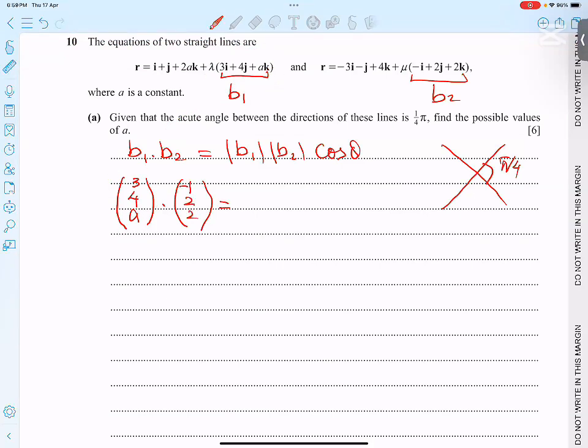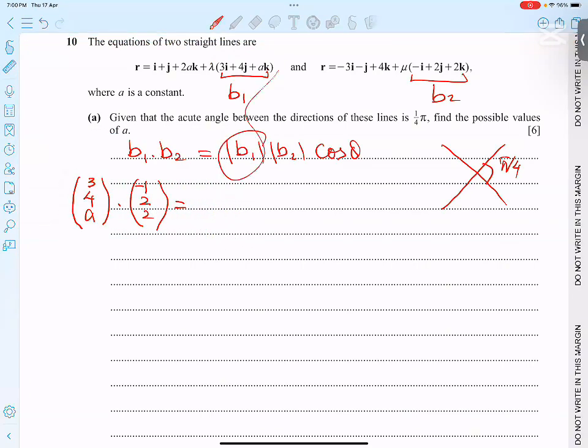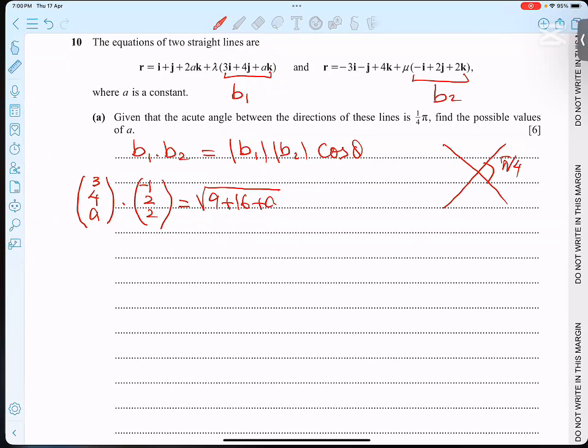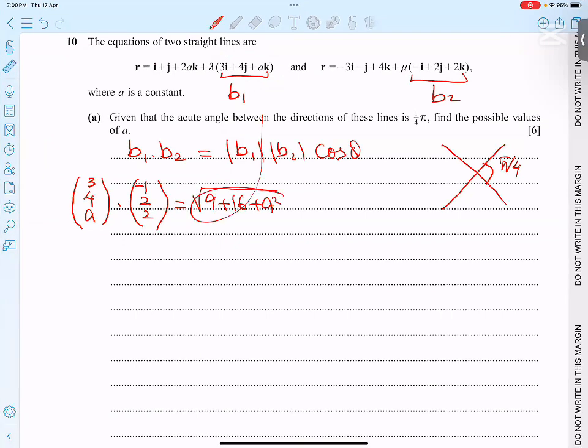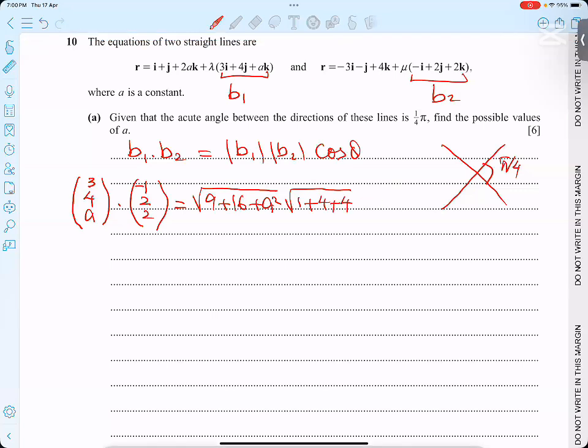Next we have the magnitude of this vector, which is obviously 3 square 9, 4 square 16, a square. So I square the individual values and add them. Then in the same way, the squares of 1, 2, and 2: 1, 4, 4, into cos of pi by 4.